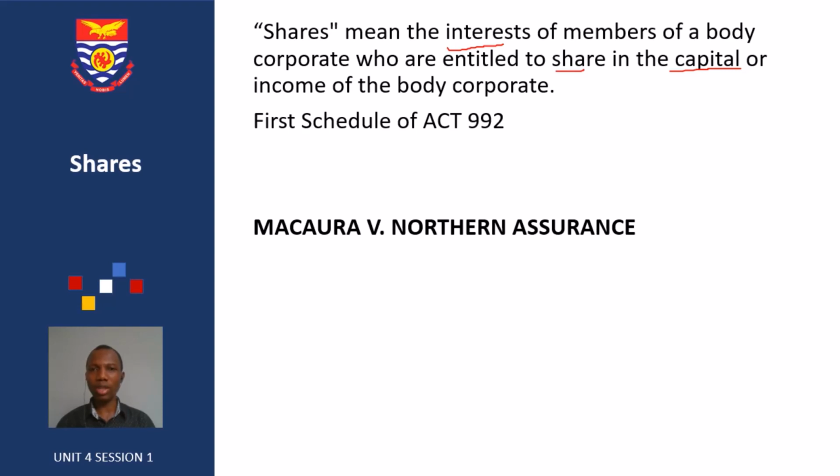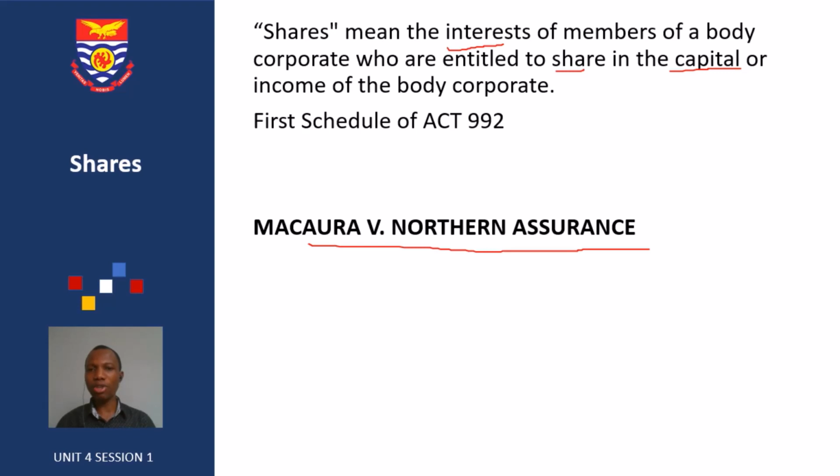And because of that share, you are entitled to a portion of the income that will be derived by the company, and it will be issued or declared as dividend. The case of Macquarie v. Norton Assurance makes it clear that shareholders do not hold direct interest in the assets of the company.